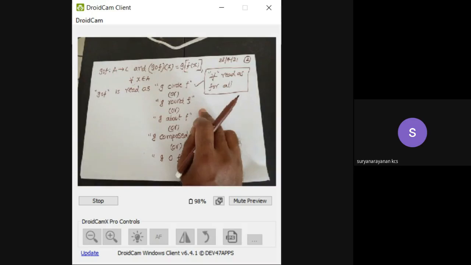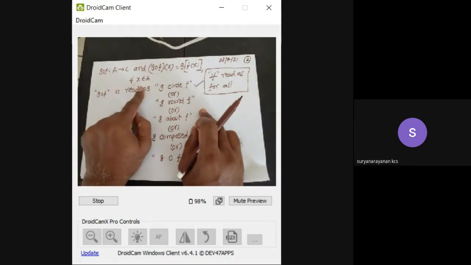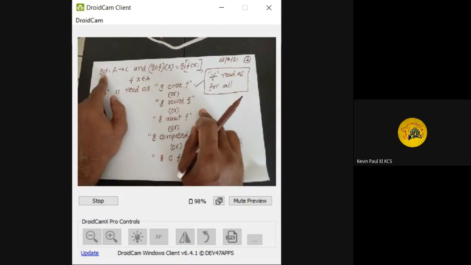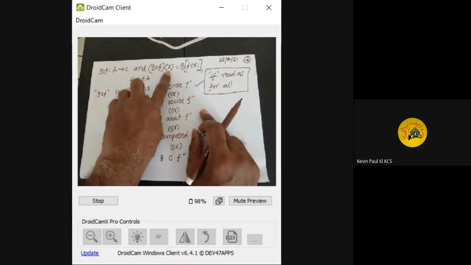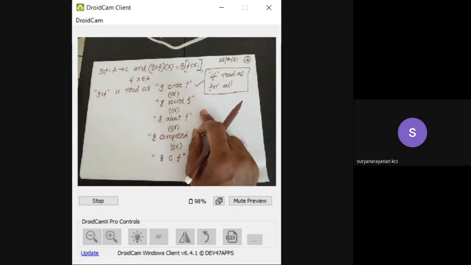Okay, please observe. Your observation skills should be increased. Okay, Kevin Paul, read these two lines. G circle F is a mapping from A to C, and G circle F of X is equal to G of F of X for all X belongs to A. Okay, Blessina, read these two lines.